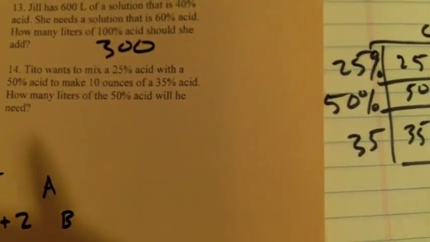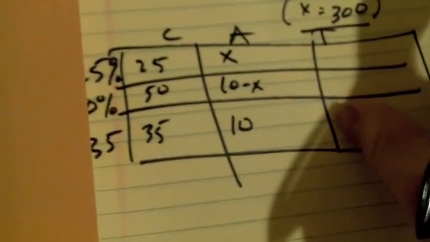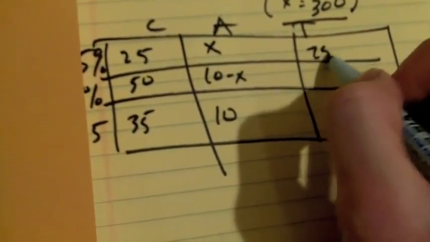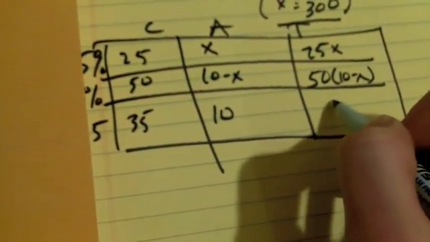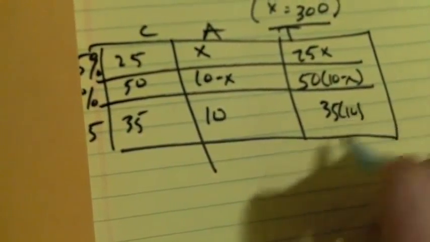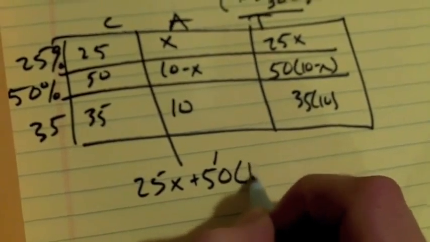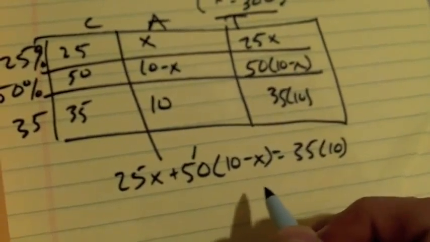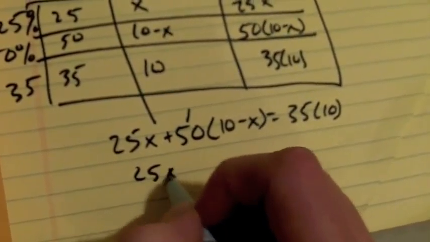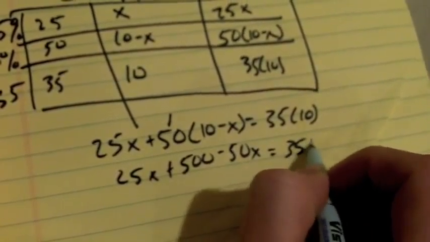We do want to know, finally, how many liters of the 50% acid, so we're actually going to look for this one at the end, but for now we can just solve. 25x, 50 times 10 minus x equals 35 times 10. Go ahead and set this problem up now. 25x plus 50 times 10 minus x equals 35 times 10. 25x plus 500 minus 50x equals 350.